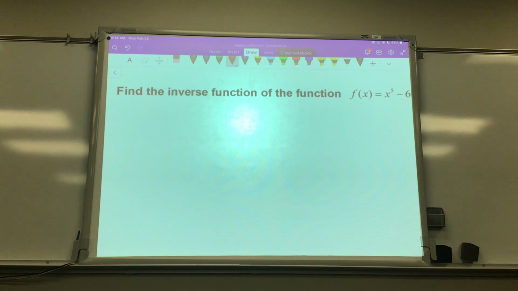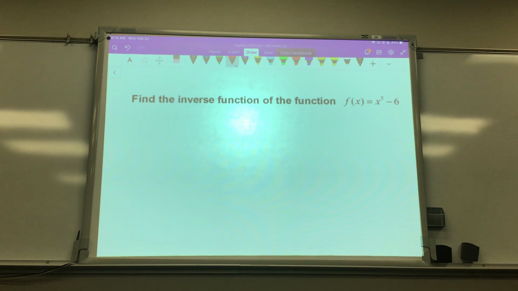Okay, Drew, what's gonna help me first step? Write it out, instead of f of x, all right? y equals, correct? Yeah. Aubrey, what's the next step? Switch x and y.